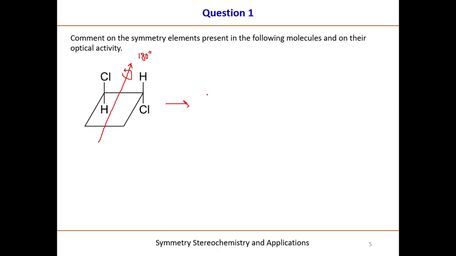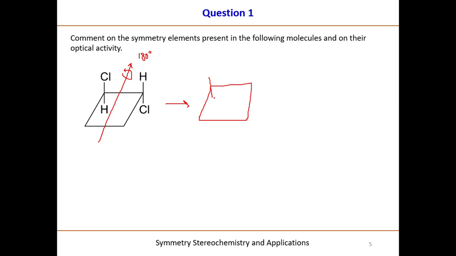This is again the same example, but the only difference is that the previous one was cis and this one is trans. The previous one was cis dichlorocyclobutane, and this is the trans dichlorocyclobutane.